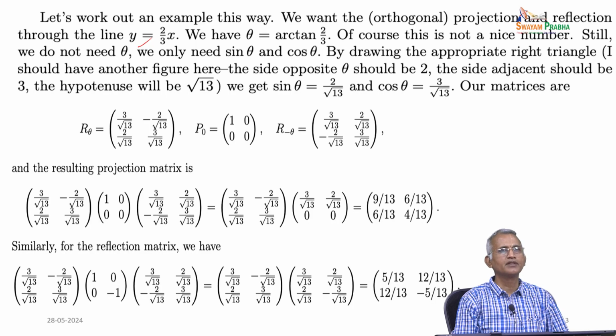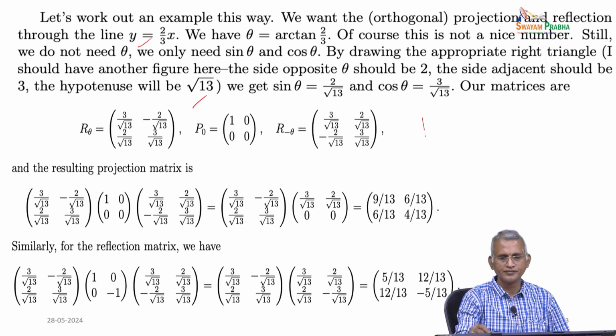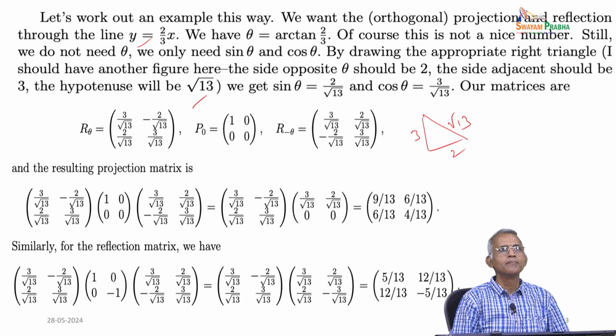So, 2 square plus 3 square, 4 plus 9 is 13, therefore, hypotenuse equal to root 13. Therefore, sin theta equal to 2 by root 13 and cos theta equal to 3 by root 13.